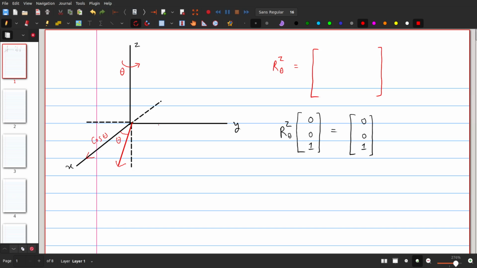Its y component will be sin theta, and its z component will be 0 because we are considering rotation about z-axis, so the vector remains in the xy plane. So we will have r theta z acting upon 1, 0, 0 will give a new vector whose x component is cos theta, y component is sin theta, and z component is 0.